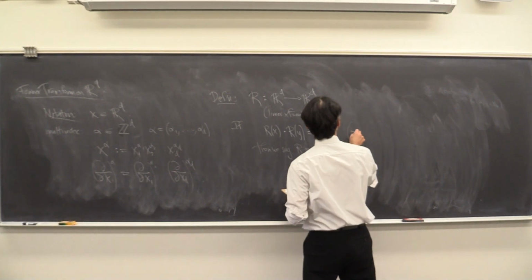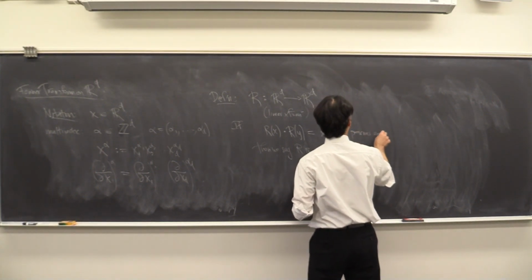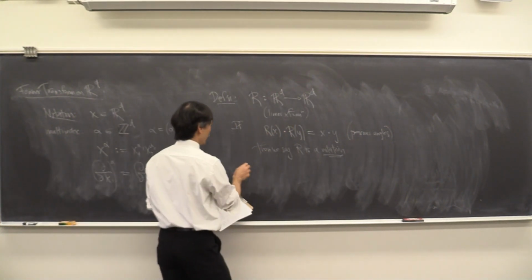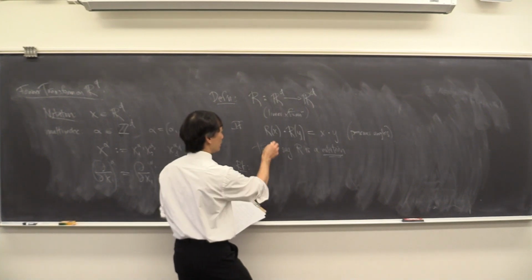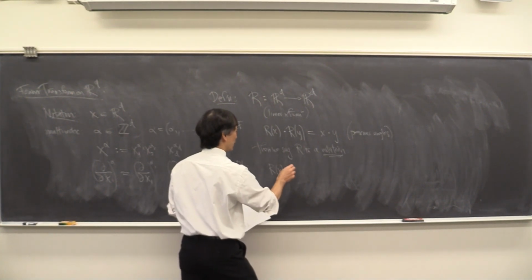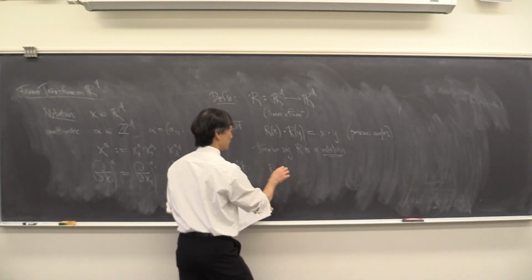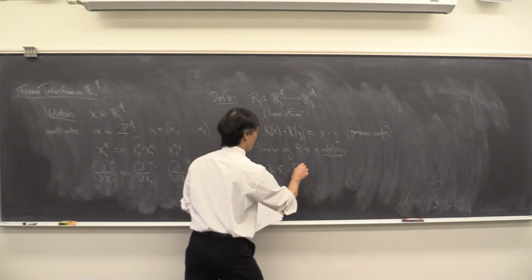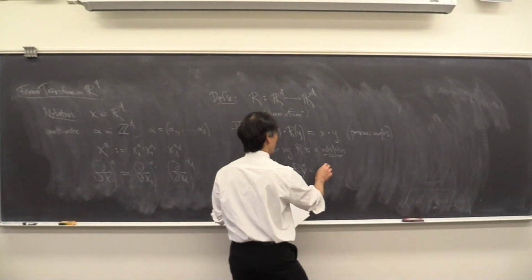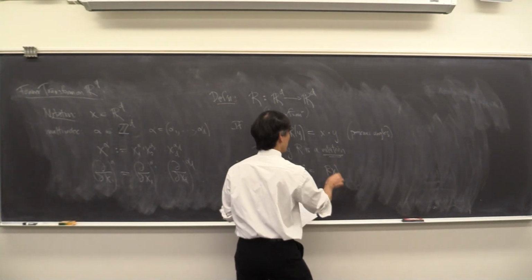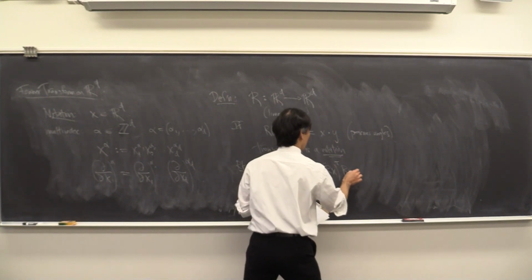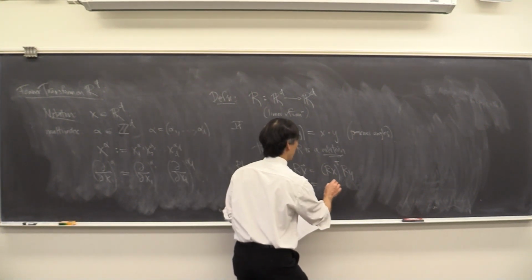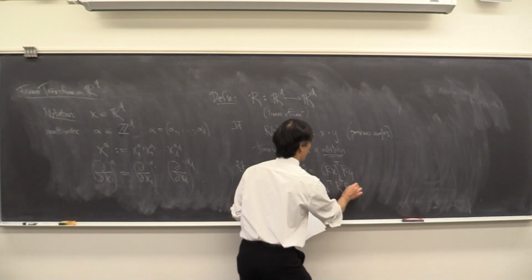Thinking of this as a matrix, Rx dot Ry is the transpose of Rx times Ry, which is the same thing as x transpose R transpose R y.